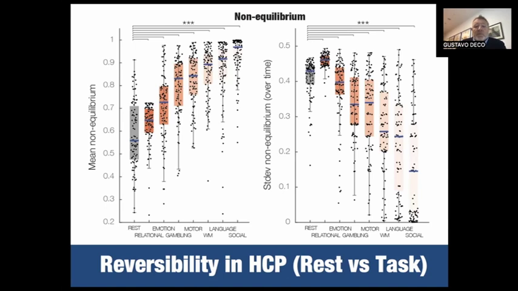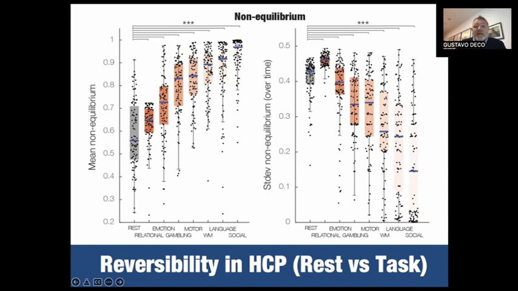But what is even more important for us is that the brain, for solving that particular condition, for computing those particular tasks, has to be much more structured, has to show a much more asymmetric type of hierarchy, meaning or reflecting a deeper breaking of the underlying detailed balance.